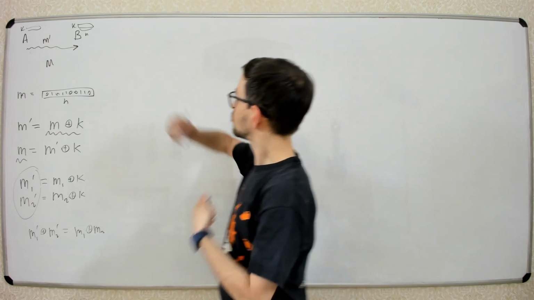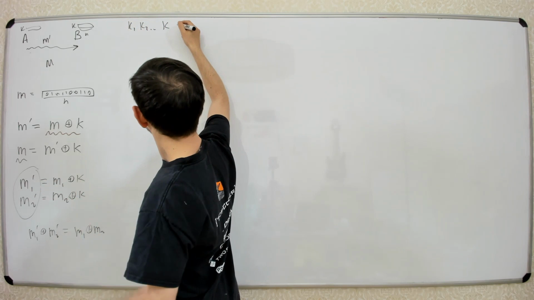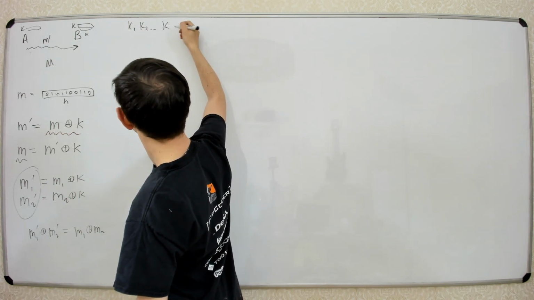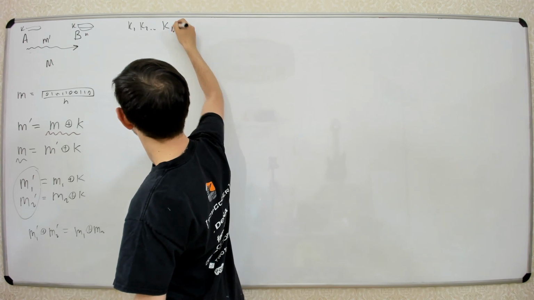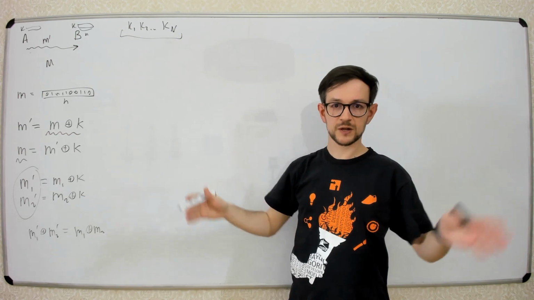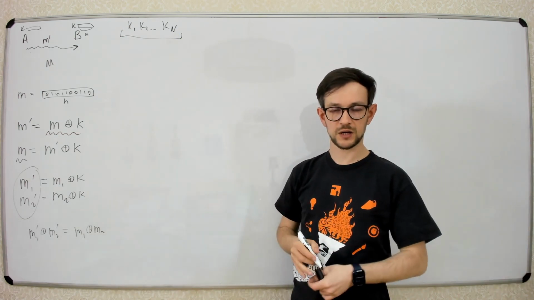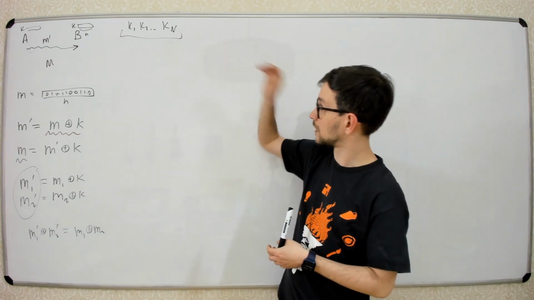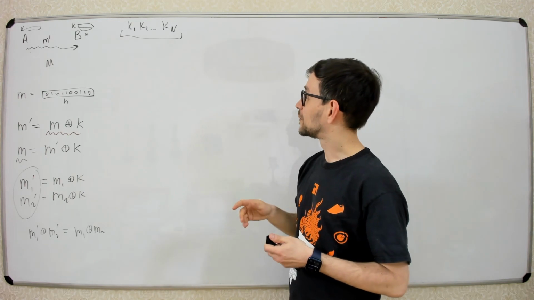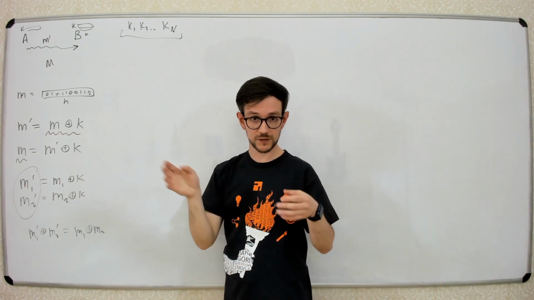So you calculate keys K1, K2, and so on up to K big N. Let's calculate a big number of keys and share them between A and B. Now they can send the messages until you use all the keys.